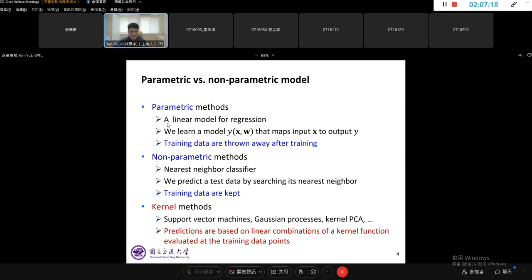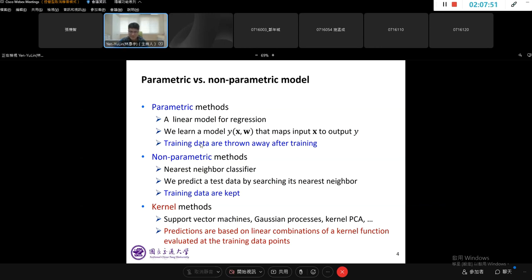An example is the linear model for regression. We use Y to denote the model. Given X as the input, the linear regression is parametrized by W. After training, we get the optimal value of W, and we don't need to have training data during testing.